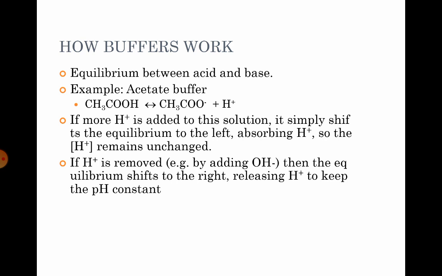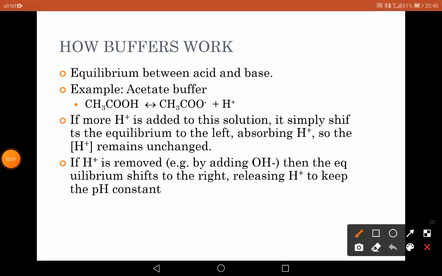If more H plus is added to this solution, it simply shifts the equilibrium to the left, towards CH3COOH, absorbing H plus so that the H plus remains unchanged. If H plus is removed by adding OH minus, then the equilibrium shifts towards the right, releasing H plus to keep the pH constant.